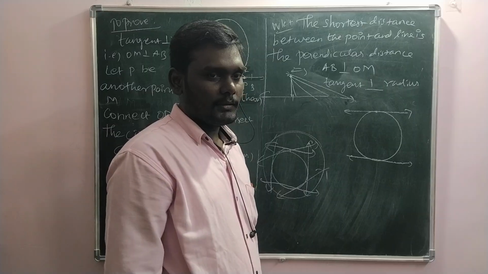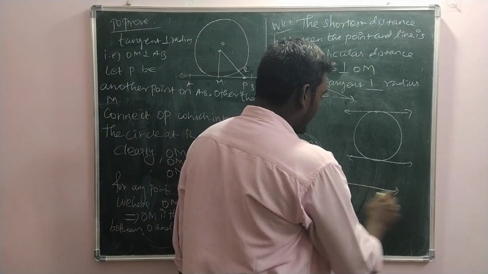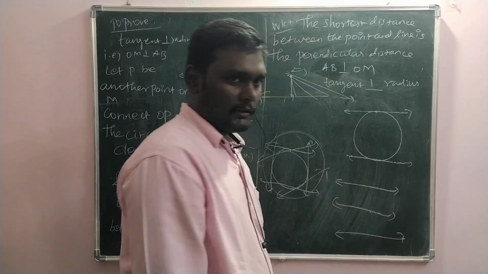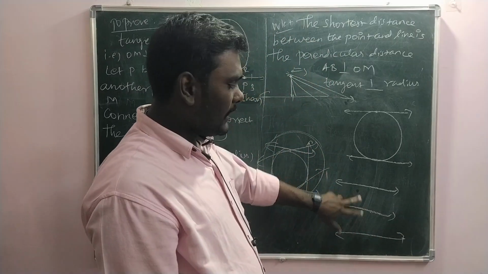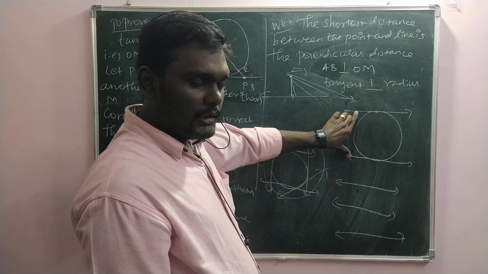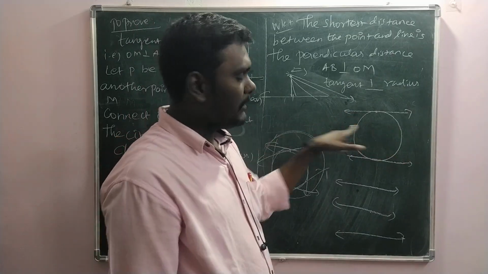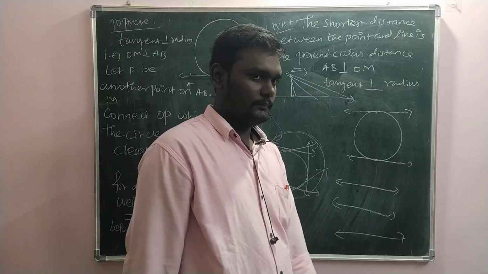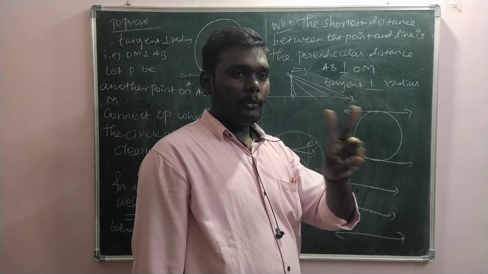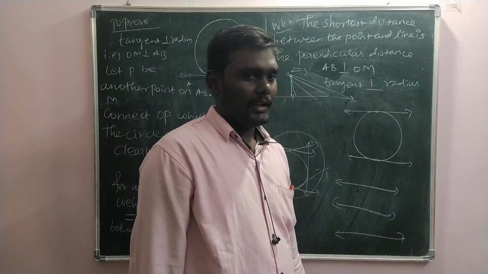But as parallel lines, this is 1 line, 2 line, 3 line, right? If this acts like a tangent, only 2 lines we can write. A third line, if you want to draw also, will be parallel, but it is not a tangent. That is why it has at most 2 parallel tangents.